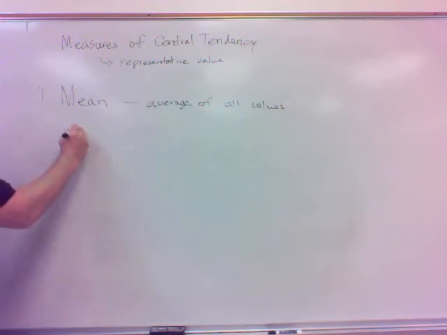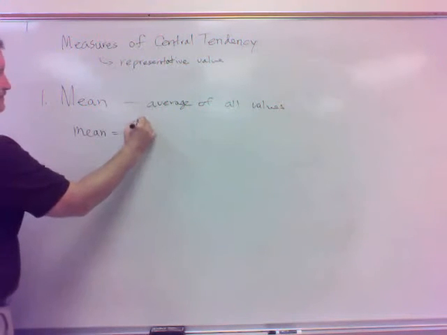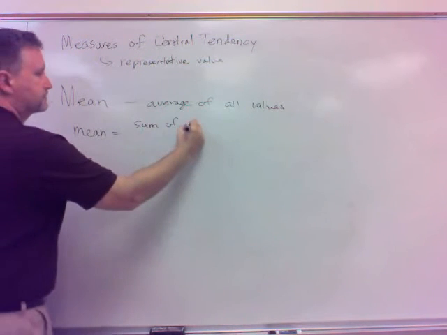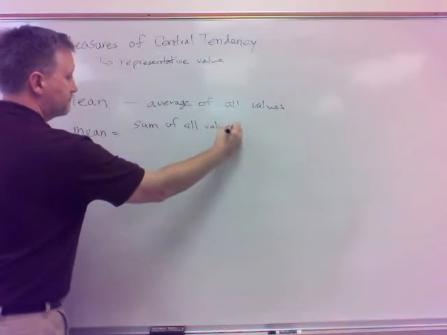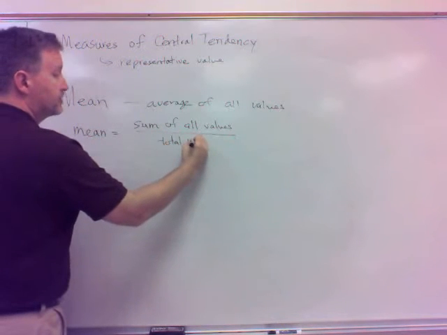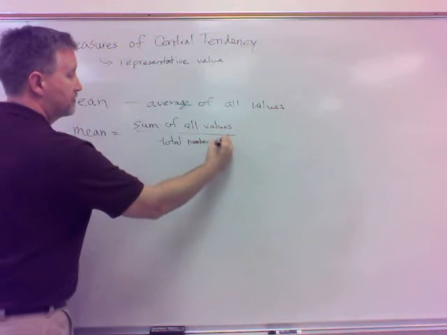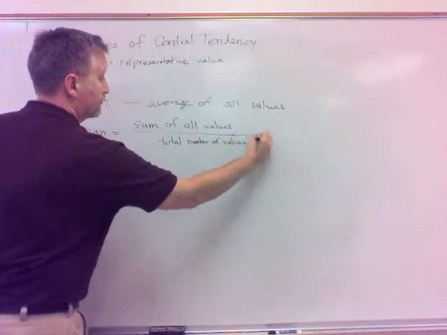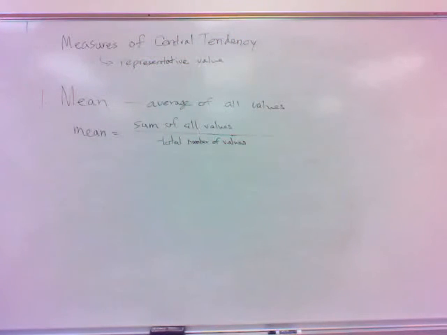So the mean equals the sum of all the values divided by the total number of values. With me on that? Like I said, 30 students, so add up all the test scores for that particular test and divide by 30. We usually call it average; in statistics, they usually call it the mean.